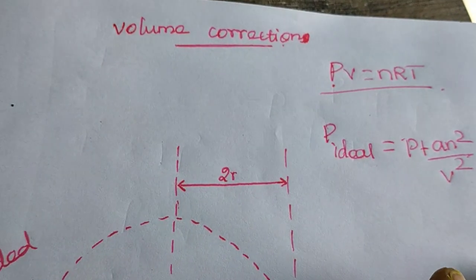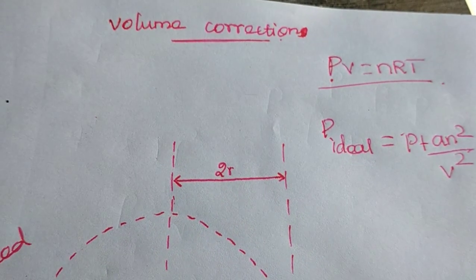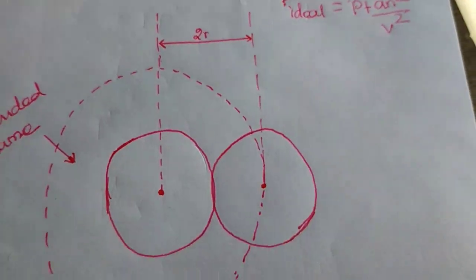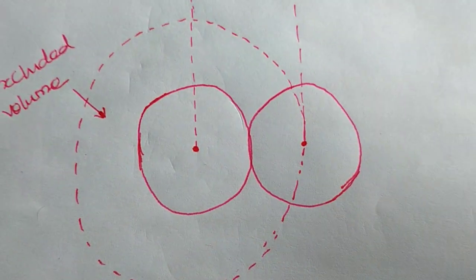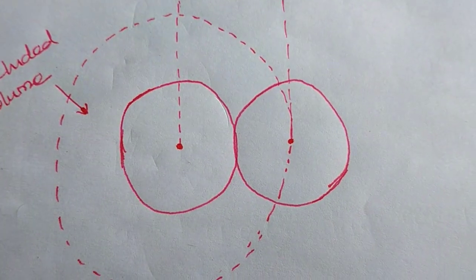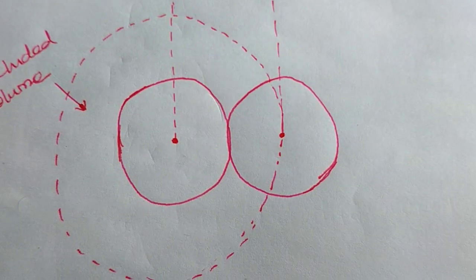Like this pressure, we are going to analyze the volume correction from the ideal gas equation PV equals nRT. This was also done by Van der Waals, and he took two molecules in this system. Every molecule has some capacity to occupy volume of the filled container.